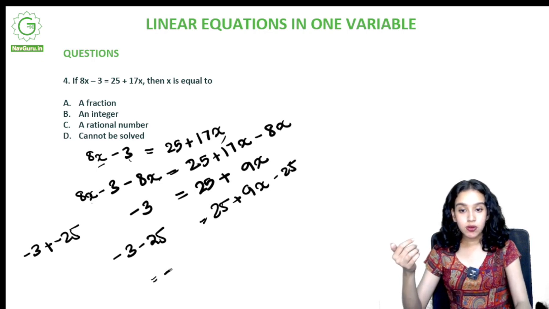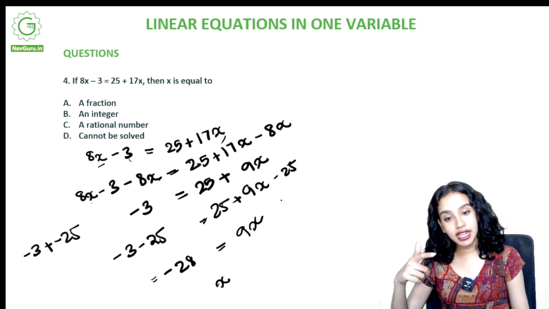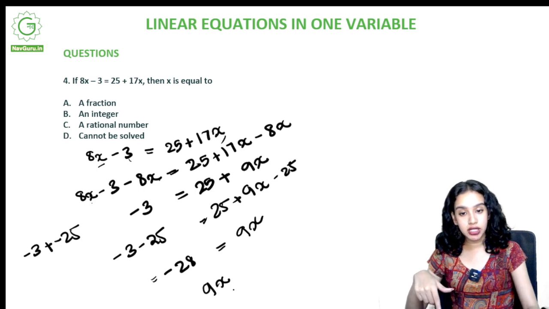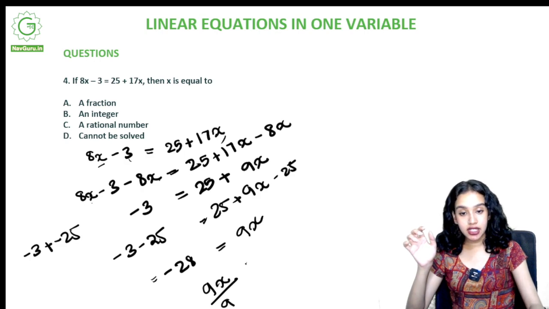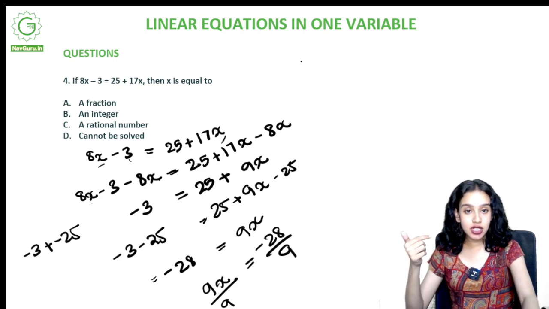Which is equal to minus 28, is equal to 25 minus 25 is 0. So we have 9x here. So what is x? To find x, we will divide both of these sides by 9. Why would we do that? We have 9 into x here, right? So how to get the value of x? We divide it by 9. So when we are doing something on the left hand side, we have to do it on the right hand side. And now x is equal to minus 28 by 9, right?